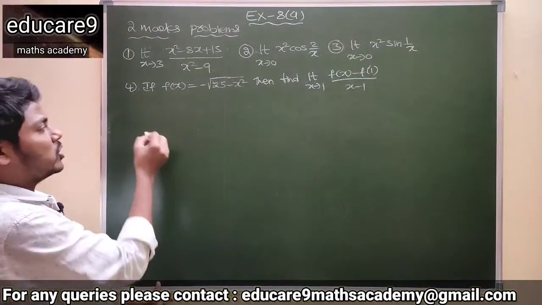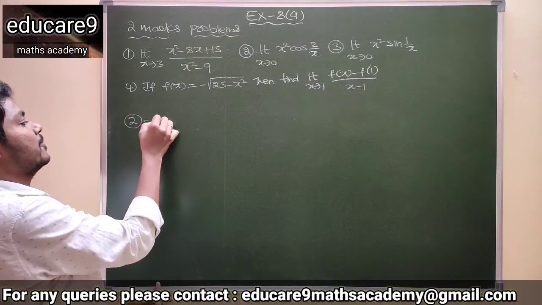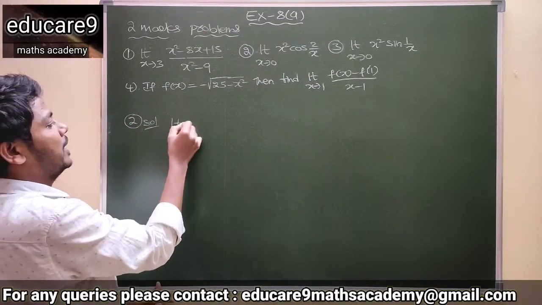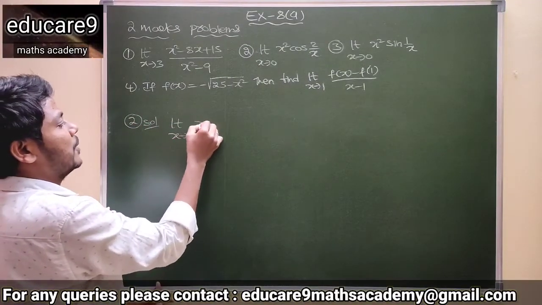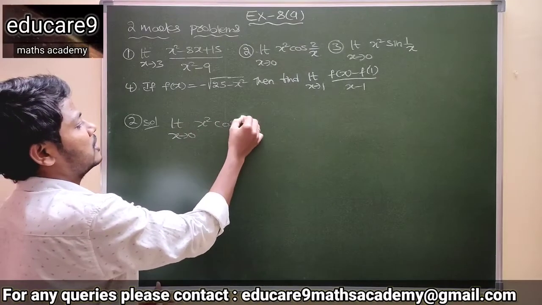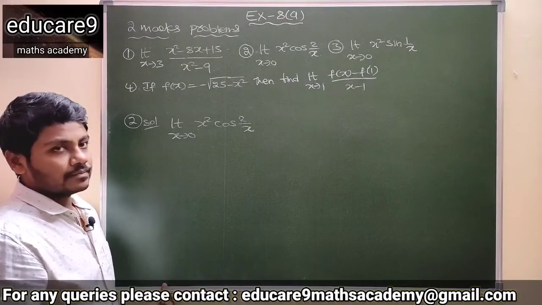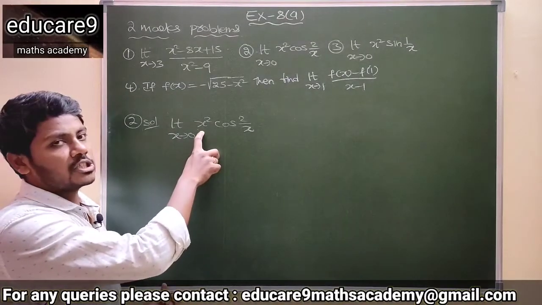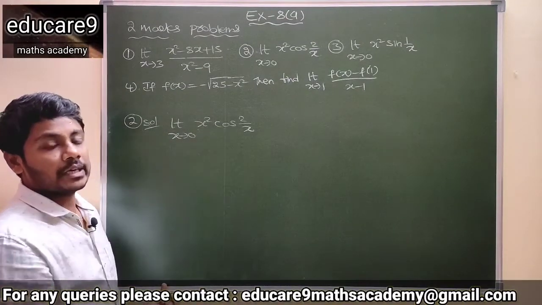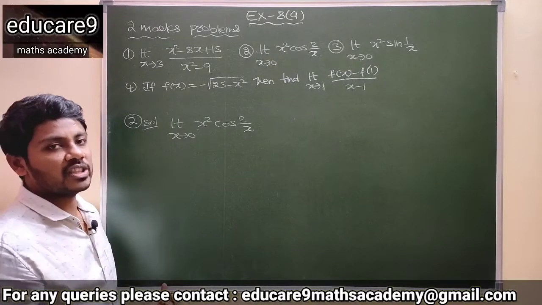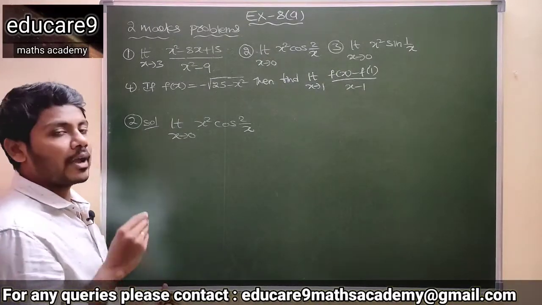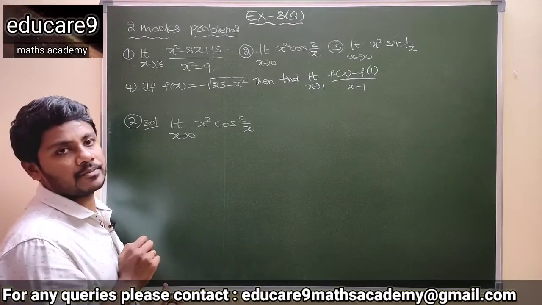So see the second problem. Limit x tends to 0 of x square cos 2 by x. Here it is a product of an algebraic term and a trigonometric term. In that case you have to use the sandwich theorem.